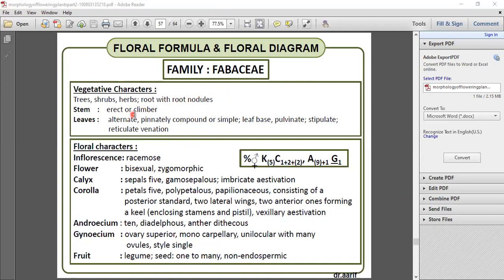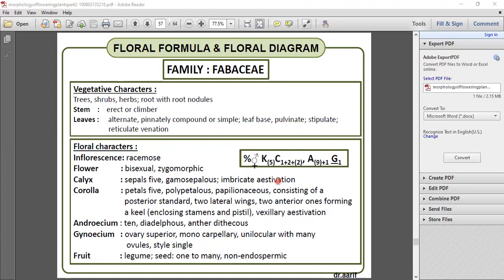It is erect or it can be a climber. Leaves are alternate, pinnately compound or simple. Leaf base pulvinate, stipule is there, and as it is a dicot, it will have reticulate venation. Bisexual zygomorphic flower, inflorescence racemose, sepals 5, gamosepalous, imbricate aestivation.